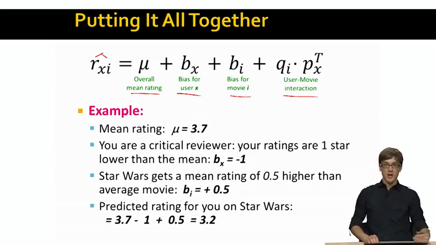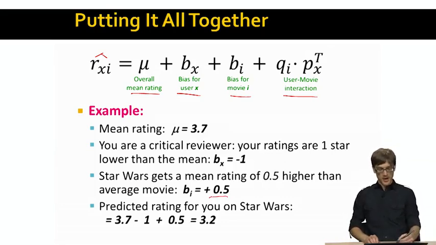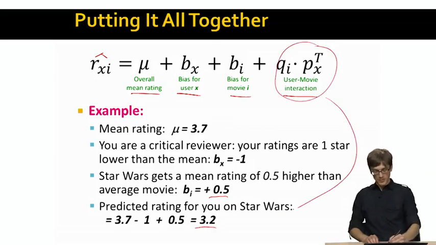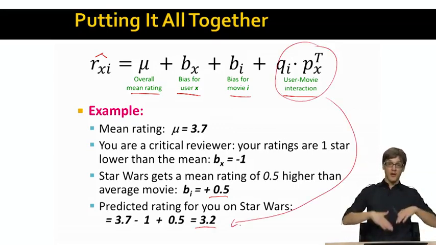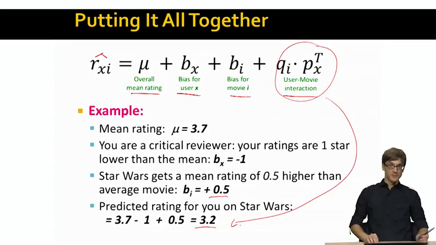You are watching Star Wars, which is a really good movie, rated half a star above the average. So my predicted rating for you based on these biases is 3.2, and then we also include the interaction term to further move this rating up or down.